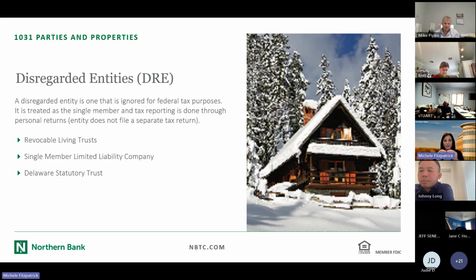You don't want those properties under the same LLC. You can take One Main Street LLC as a disregarded entity and take title to one property, and then you can create Michelle Fitzpatrick LLC and create another disregarded entity. Or I can just take title in my individual name if I don't want to pay the LLC filing every year, or the $450 fee, whatever it is. You can take title to the property in your name as well, and that goes with the living trusts too. So it gives you a lot of flexibility, and it gives you the protection that you want.